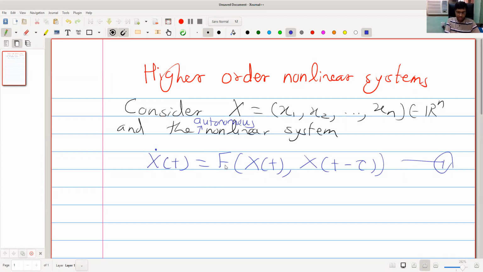Capital F has values in Rn. Its component functions are given by small letter f1, f2, and so on fn.